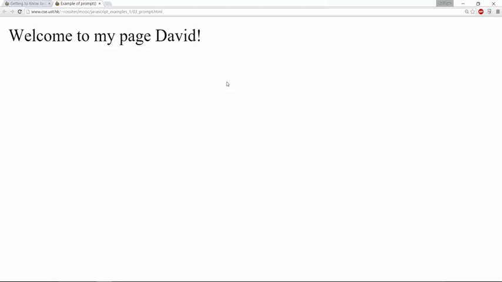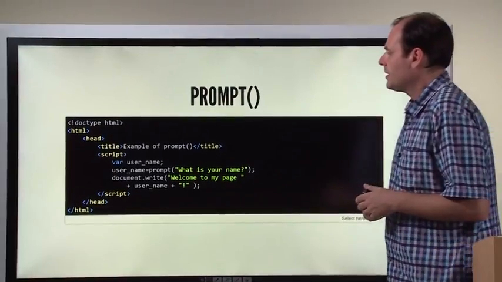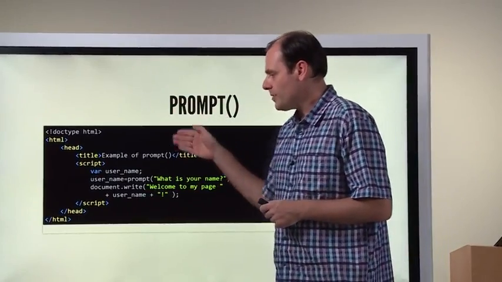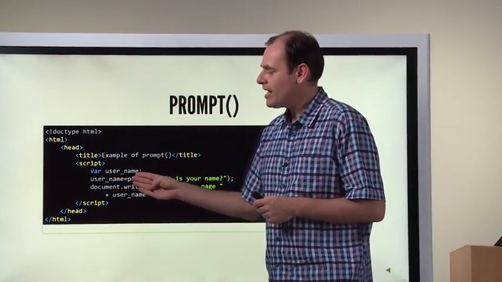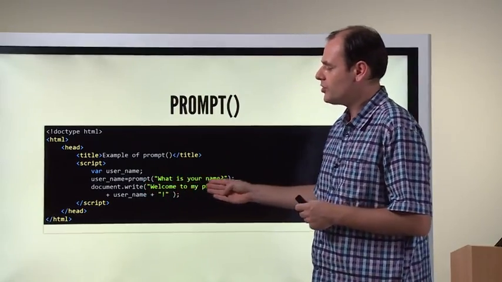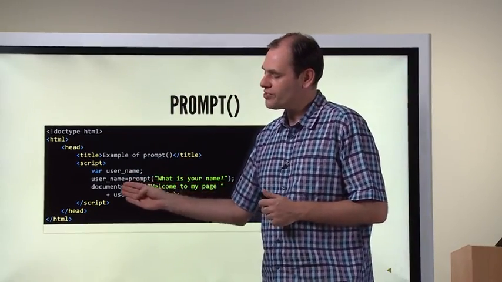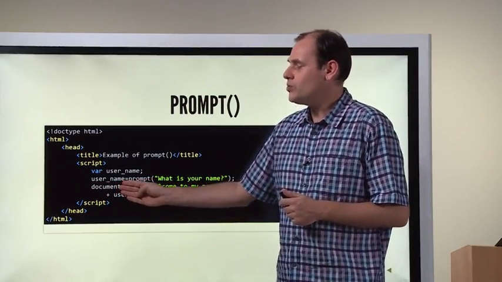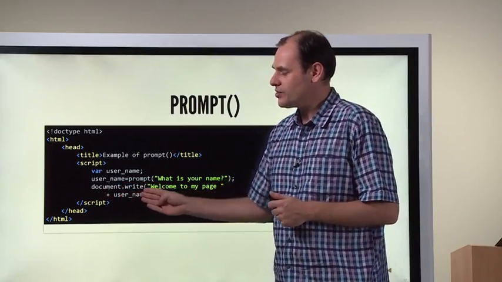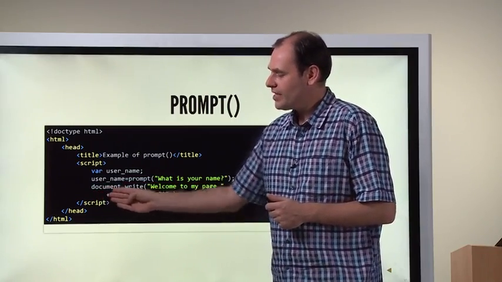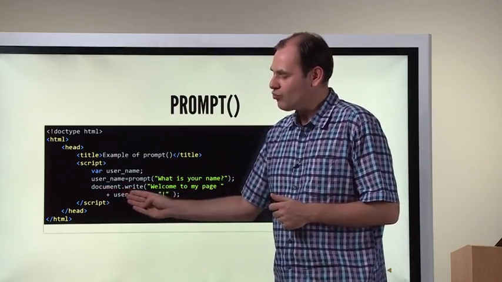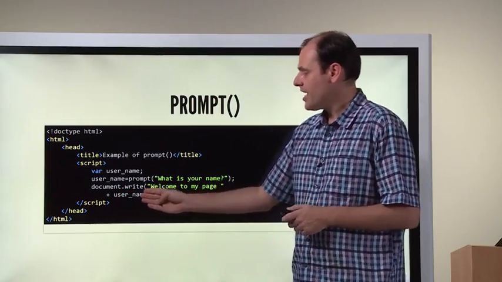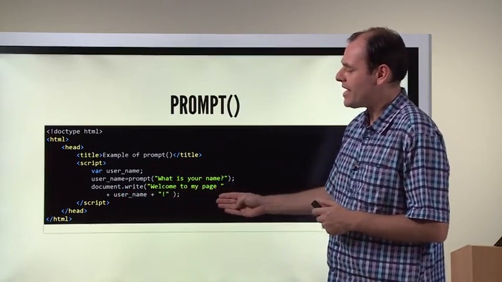Let's continue with the presentation. So here's the code of the example we just saw. As soon as the web page is loaded, it makes a variable and then it runs the prompt function. What's your name? Whatever the person types in is stored in the variable. And then we use that in a little message. We have our third line of code and it says browser, immediately write something inside the document, in other words, inside the web page, and write a message, welcome to my page.